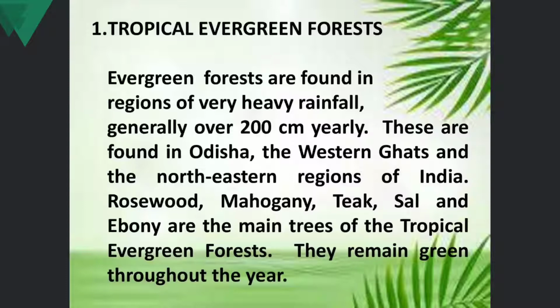Rosewood, mahogany, teak, sal, and ebony are the main trees of the tropical evergreen forest. They remain green throughout the year.